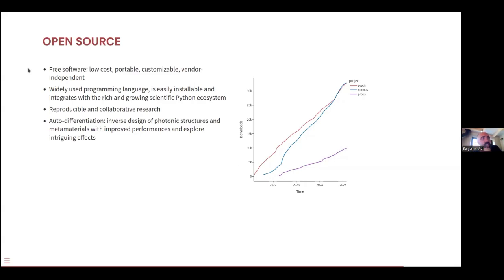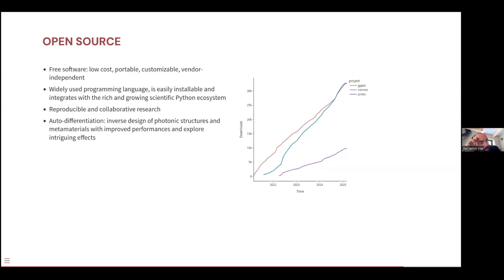The advantages: it's low cost, since it's open and free. It's portable, so it's customizable, you can inspect the source code, do whatever you want with it, depending on the license, and also vendor independence.